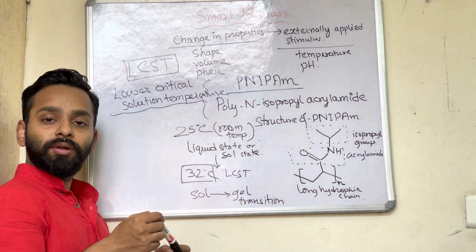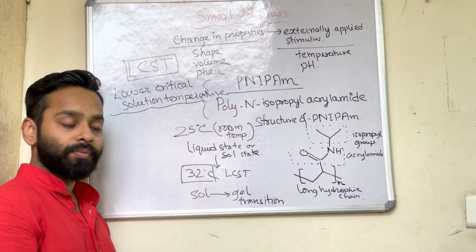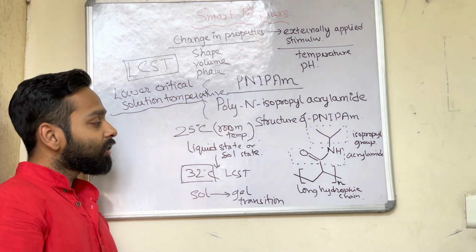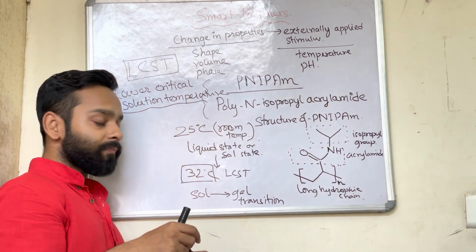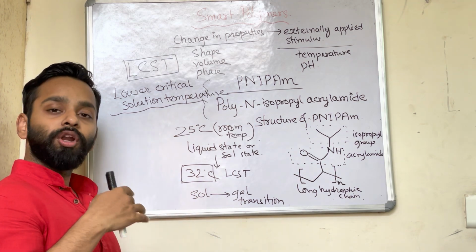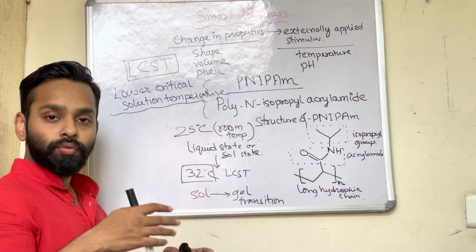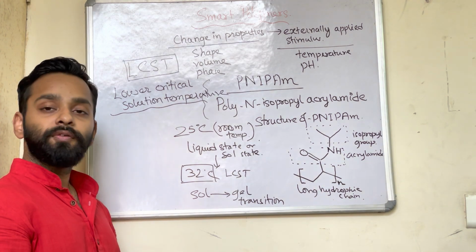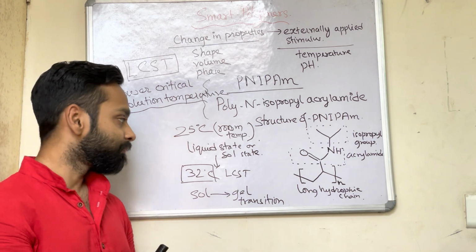And once these polymeric chains are stretched in all directions and stabilized by the hydrogen bonds, they will occupy a larger area, and therefore because of these hydrogen bonds, this polymeric system at about room temperature, 25 degrees Celsius, will exist in a liquid state.